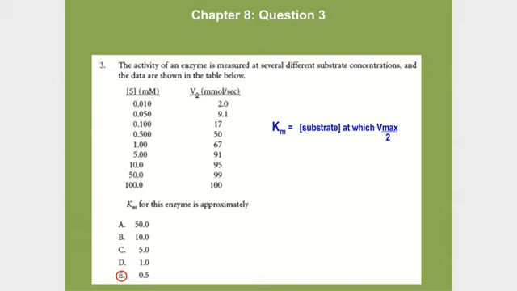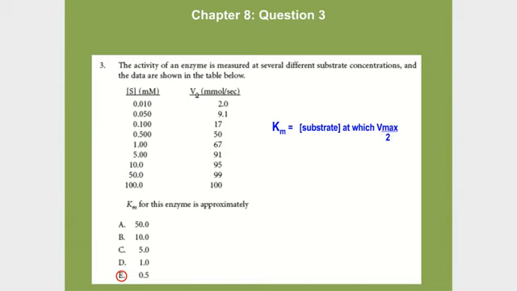So the idea here is to look at the velocity values and the substrate concentration, starting at 5 millimolar substrate, up to 10, up to 50, up to 100 millimolar. As you increase the substrate concentration, notice the velocity is not increasing very much. At 5 millimolar, the velocity is 91, at 10 millimolar, the velocity is 95, and so on. Because the velocity is not increasing, you're at the Vmax.